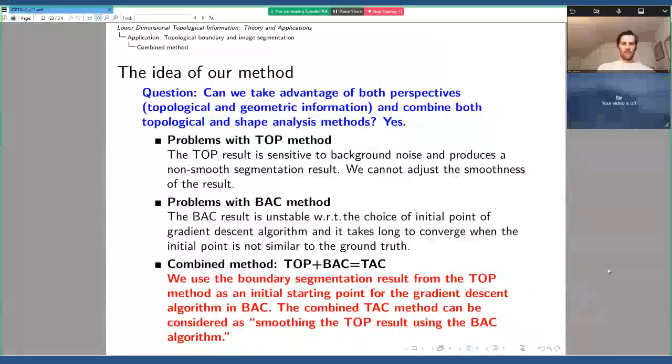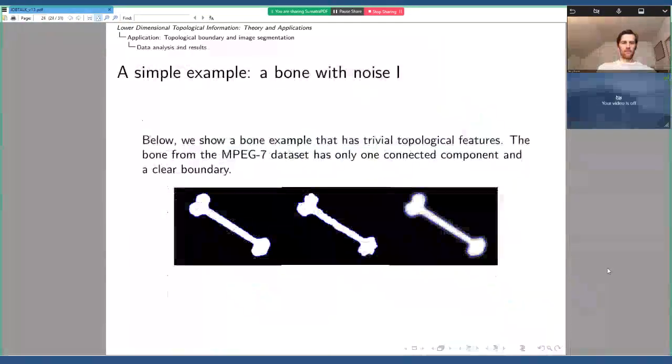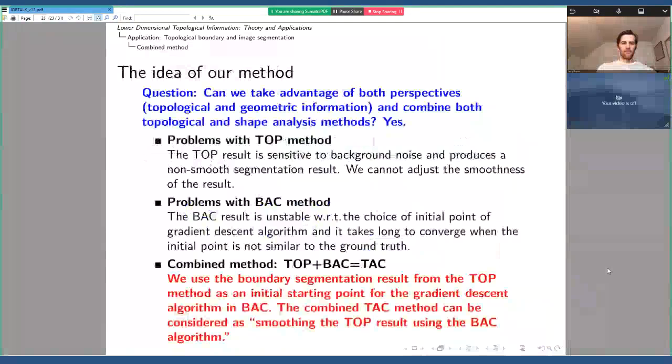And since the TOP method already provides a pretty good initial point, the BAC method will benefit from such a good initial point. So it turns out that this idea works and works pretty well. Next we're going to see some simulation study as well as some application on real data.